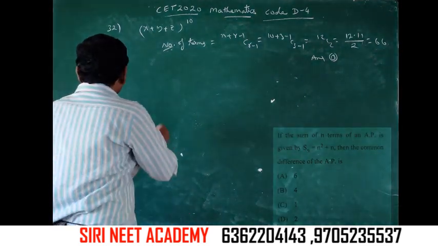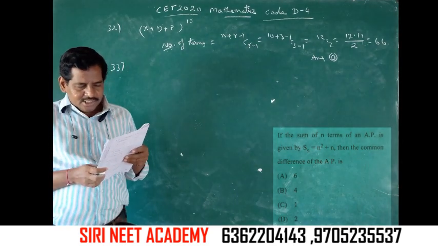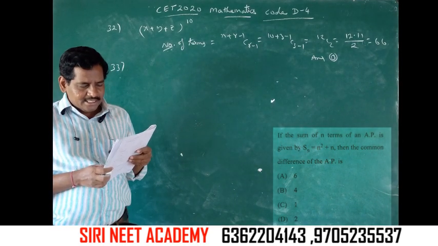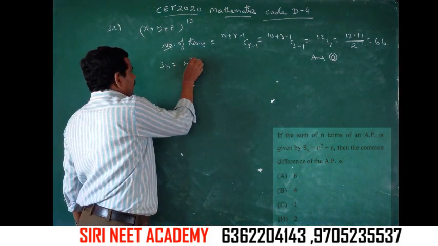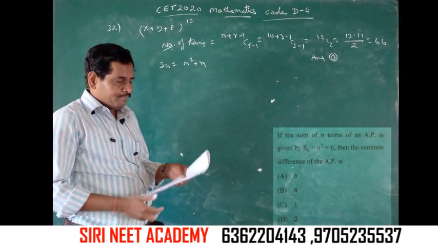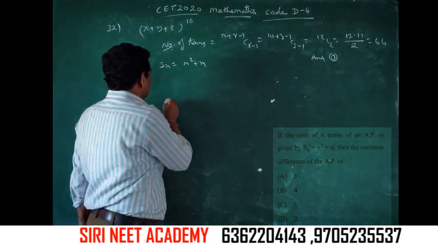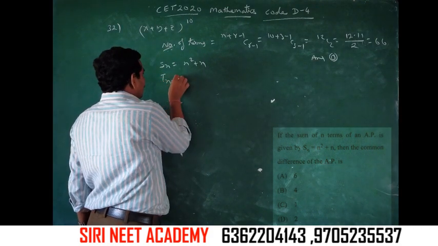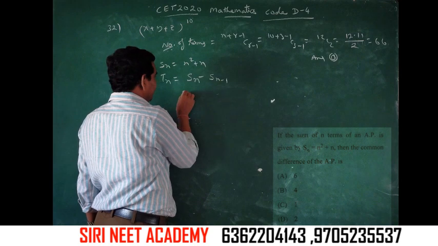Question number 33. If the sum of n terms of an AP is given by Sn is equal to n square plus n, then the common difference of the AP is. We know common difference is the difference between any two successive terms of an AP.